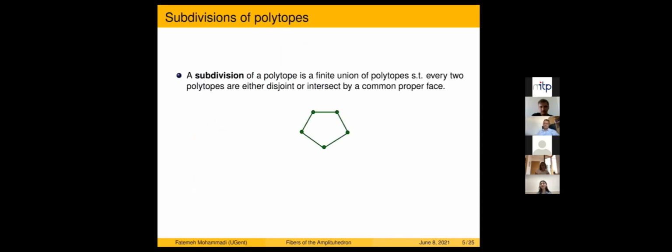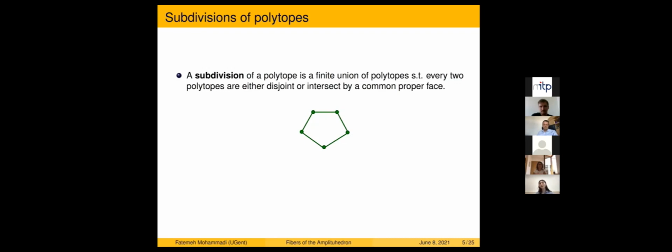Okay, so let me start easy, by looking into polytopes, which are somehow the simplest example that we can see for these amplituhedra. So for a polytope, what do we mean by subdivisions or triangulations? Let's take this pentagon. A subdivision of the polytope is just a finite union of polytopes. That means how many ways I can subdivide my polytope into smaller polytopes.